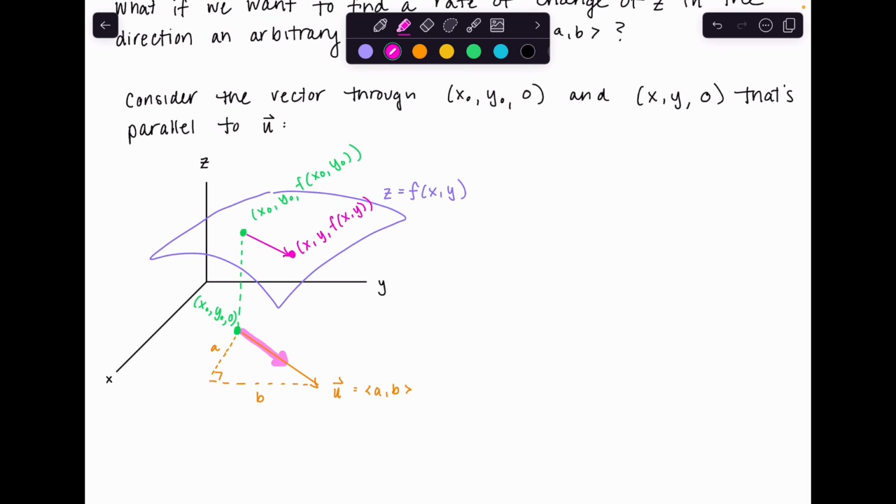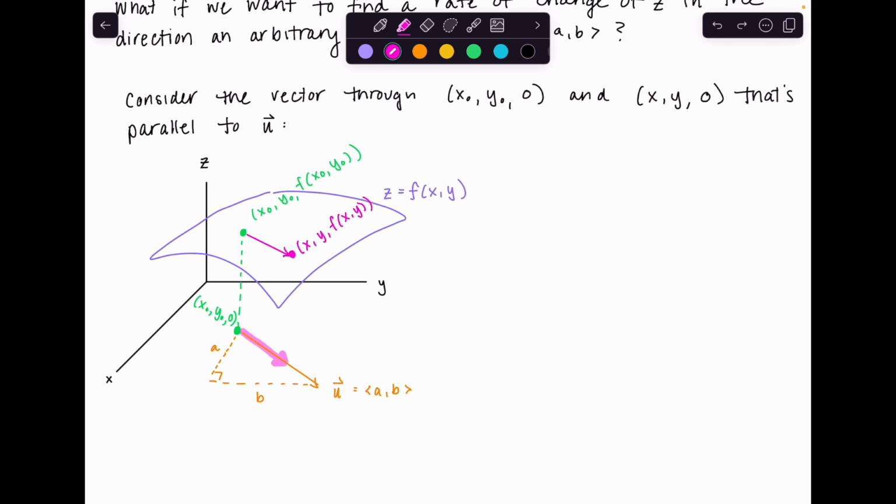And essentially we want to see, if we let the difference between these two approach 0, what does that go to? But the problem is I would have to let x approach x naught, and I would have to let y approach y naught. And that would be a very difficult limit to compute.